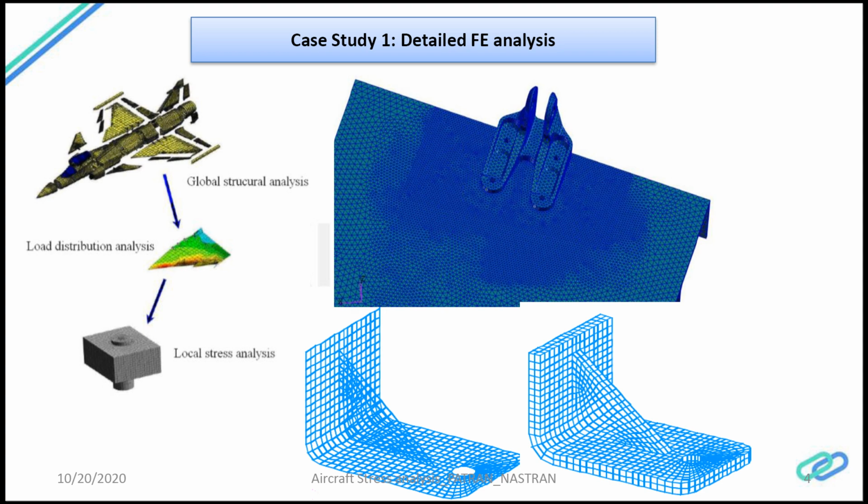And if I model it with 3D elements, that means I am also qualifying, I am also certifying the bracket, so I am going to look for the stress distribution within the bracket. At the same time, I am also going to look at the panel or the structure to which the bracket is attached.